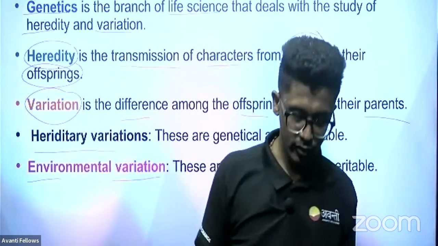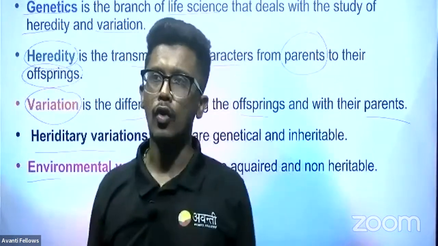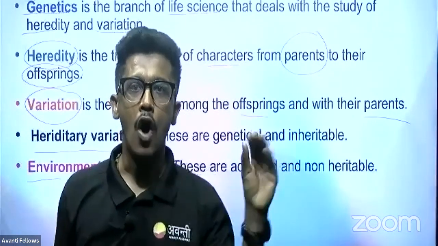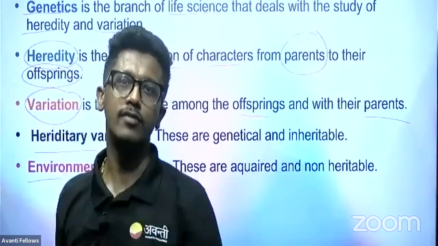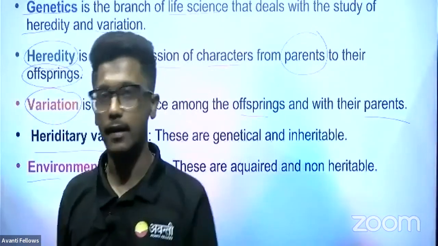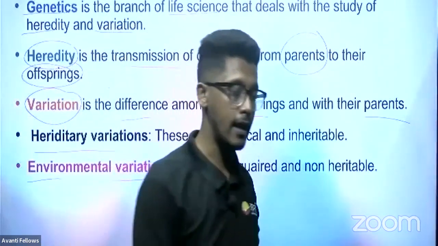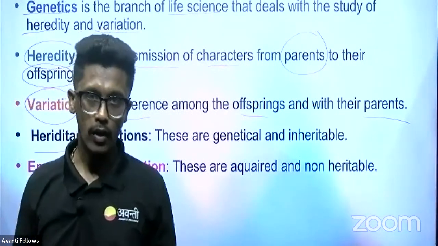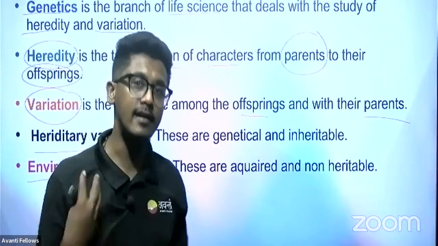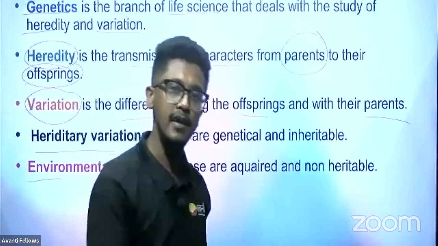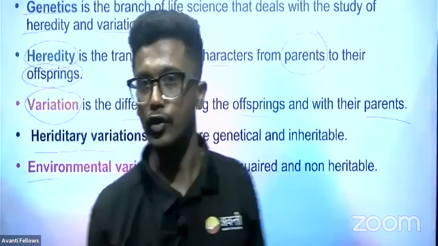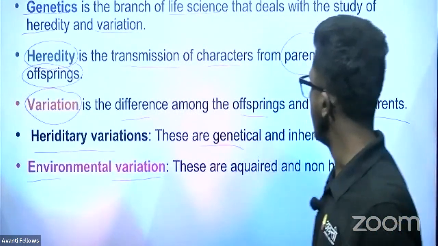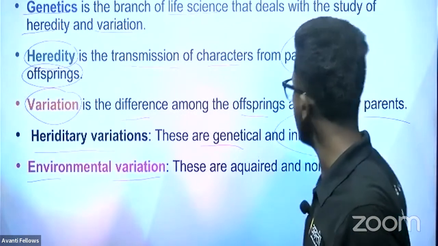Hereditary variations: let's say we have a common denominator for how all human beings appear. Whenever they pick up a variation during the course of their living, and these characteristics can be transferred from one generation to another, these genetic variations are called hereditary. They can be inherited.